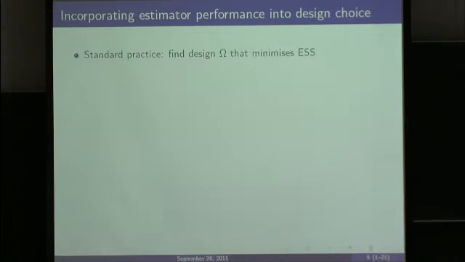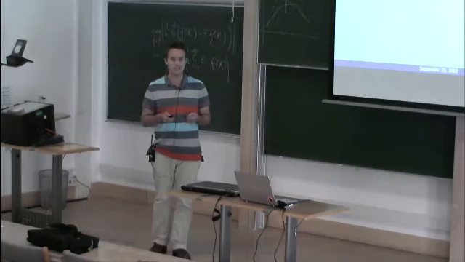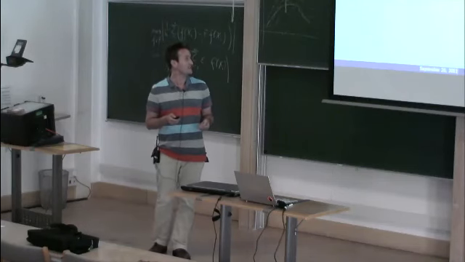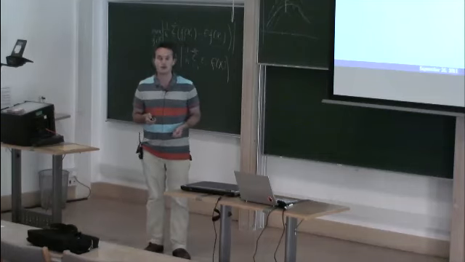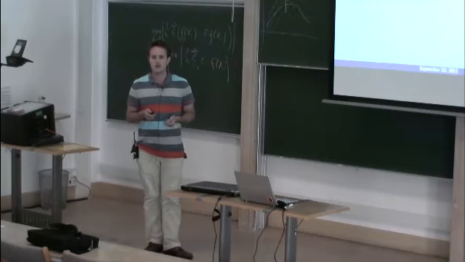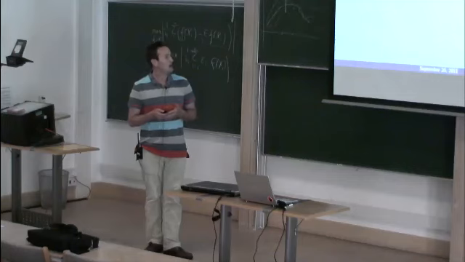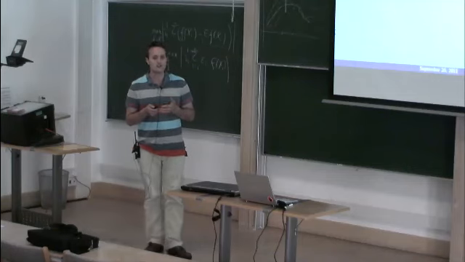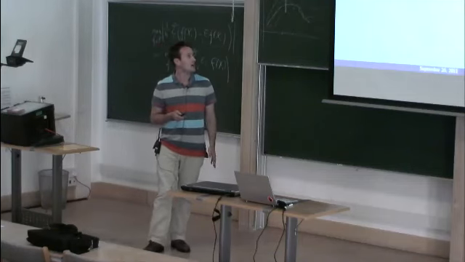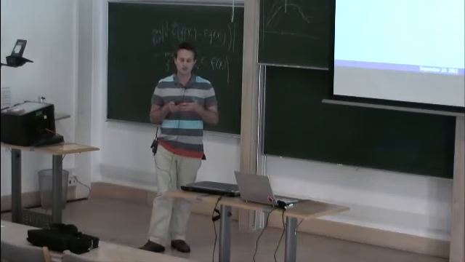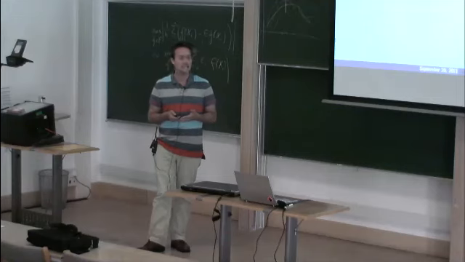So as I said, standard practice is to find a design using a computer that minimizes the expected sample size. But because I care about estimation and bias, I thought, why not propose a compromise and try to incorporate the properties of various estimators into design choice.